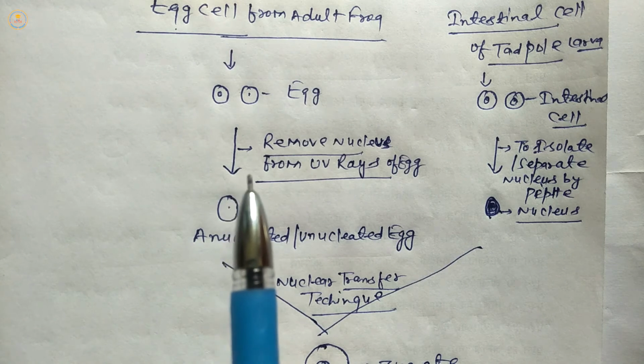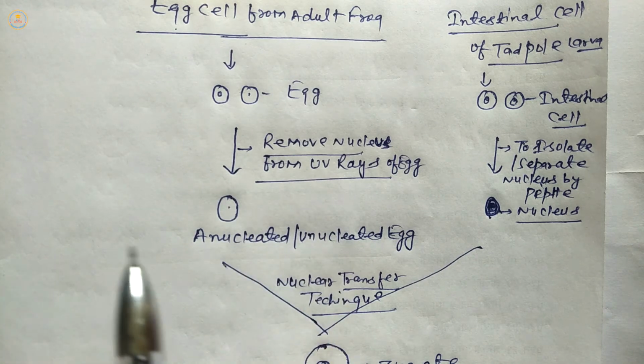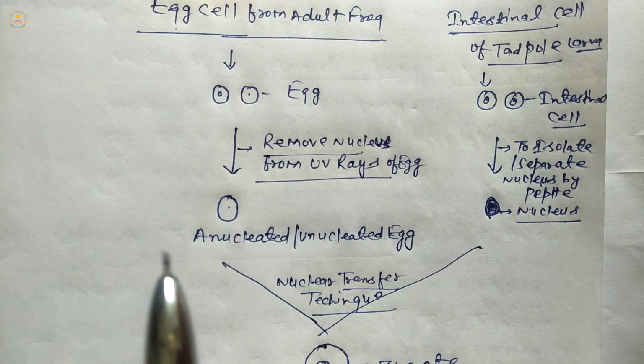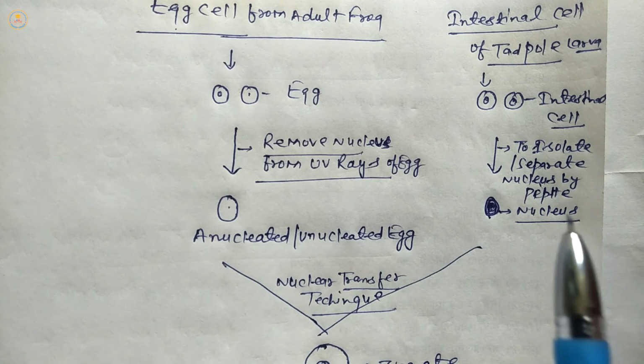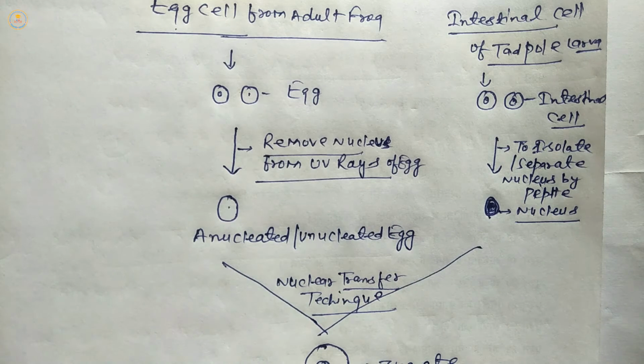First is an egg cell from a female adult frog. Second is an intestinal cell of tadpole larva.